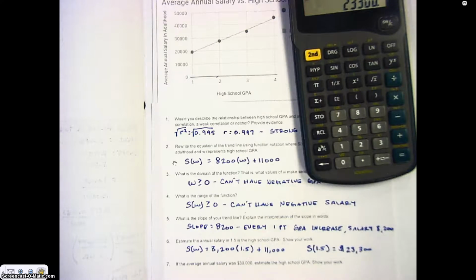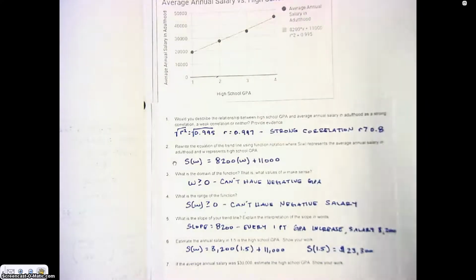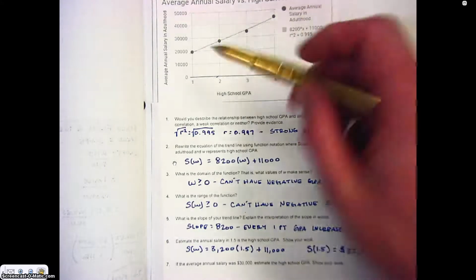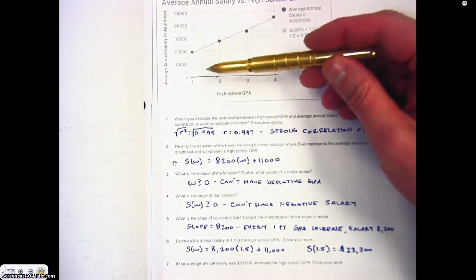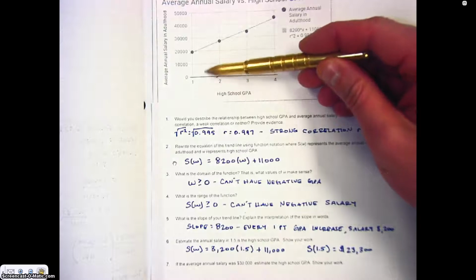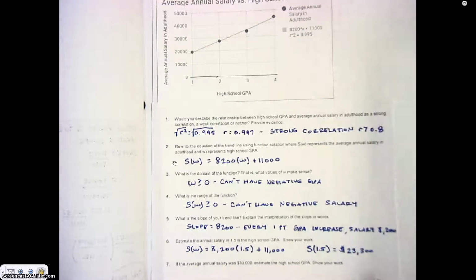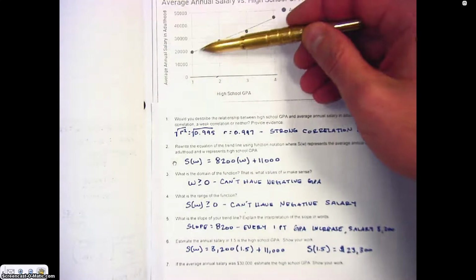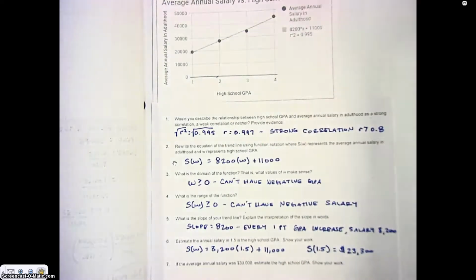And so what we've done is we've made an estimate based on our trend line that if we have a 1.5 high school GPA, we're going to make about $23,000. So one way you can check that is you can look at your line and see if the number makes sense, and it does because it's above 20,000 there.